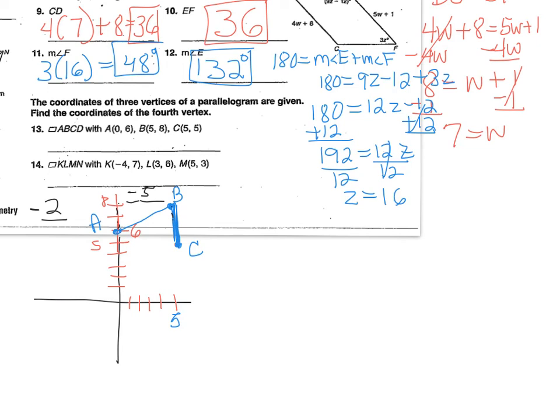That would be 0, 3. And that would be the vertex of the point D. So D would be 0, 3.